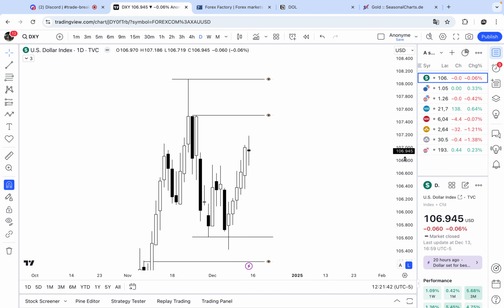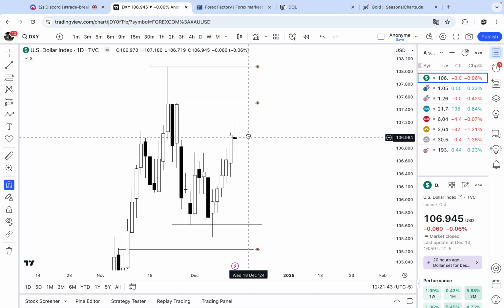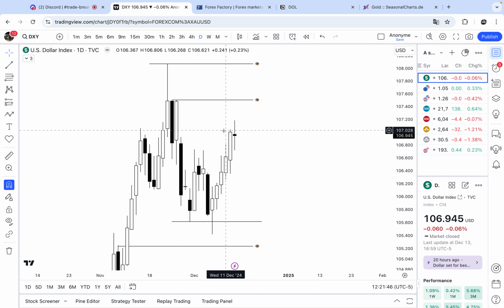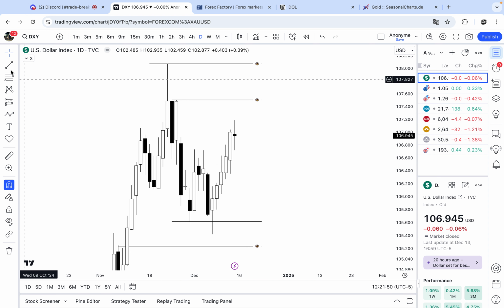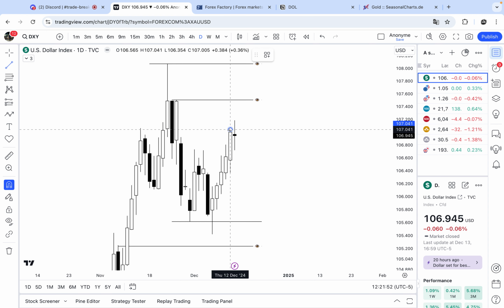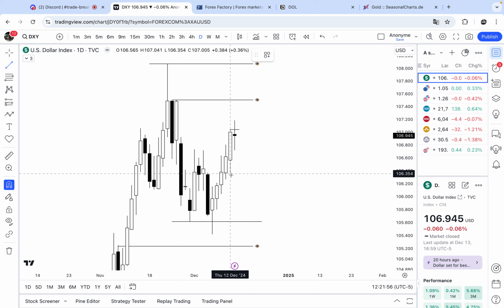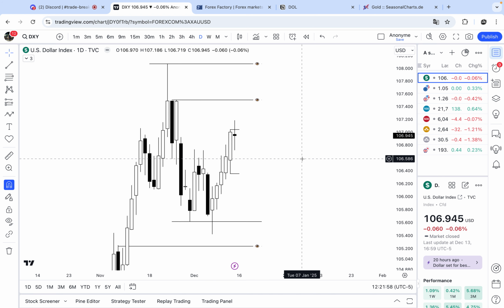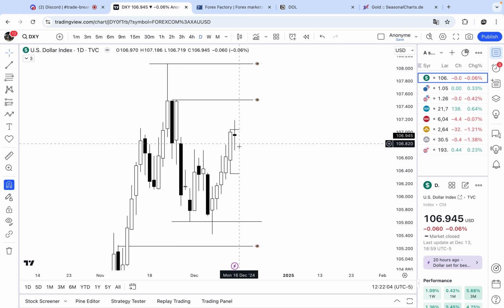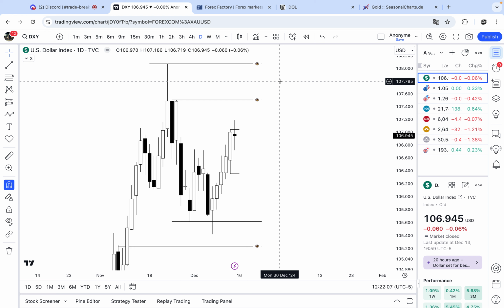That's why I have my drawn down liquidities here. But look on the daily, what we see here, we see an order block here, and we see a three candle model here. You guys see it, right? Three candle model. So price can go here and then here.